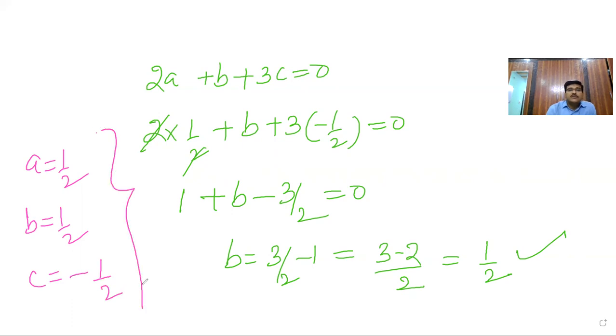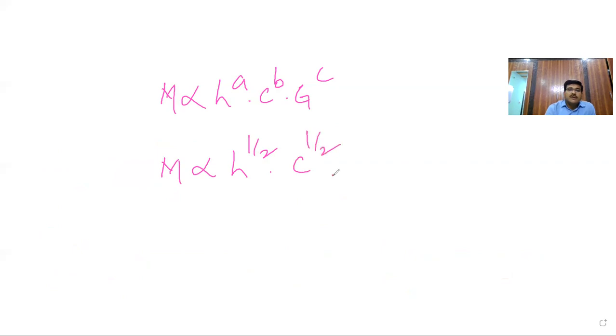Back substituting in the previous expression, M is directly proportional to H to the power of A, C to the power of B, G to the power of C. M is directly proportional to H to the power of half, C to the power of half, G to the power of minus half. Clear?